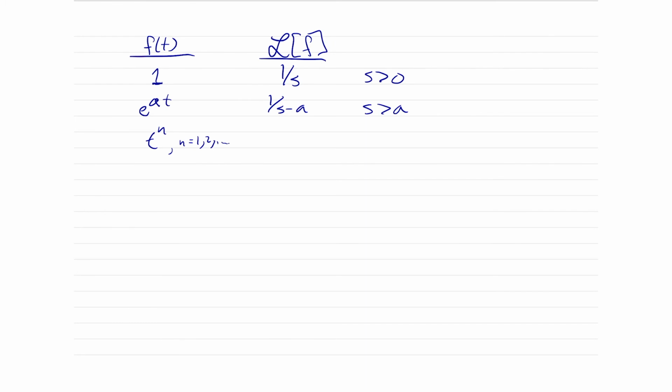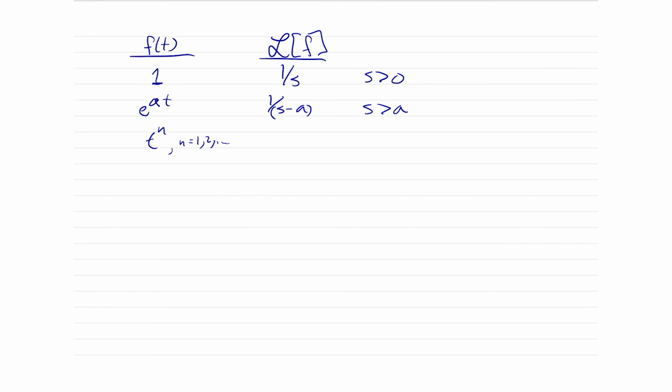And last time we talked about it being 1 over s, and here we need s bigger than 0. We have e to the at, and remember that is 1 over s minus a, and here s had to be bigger than a. Again, both of these are of exponential type. t to the n, if you want to work it out, this works for n equals 1, 2, etc. We already have n equals 0.